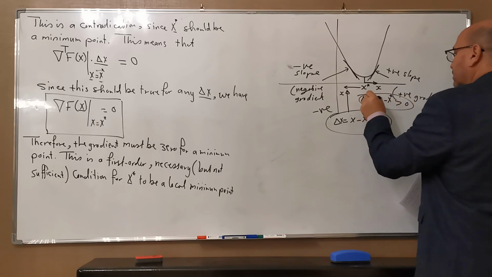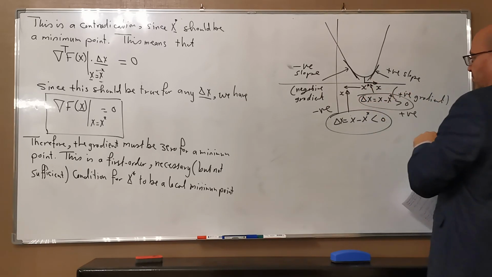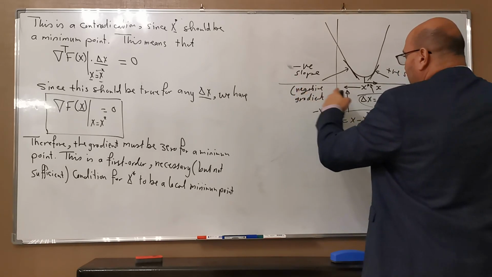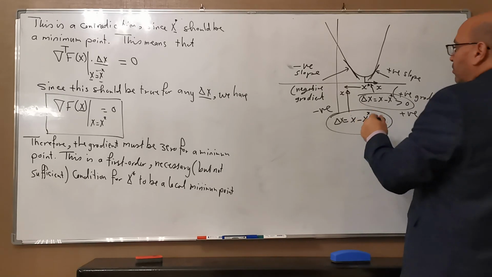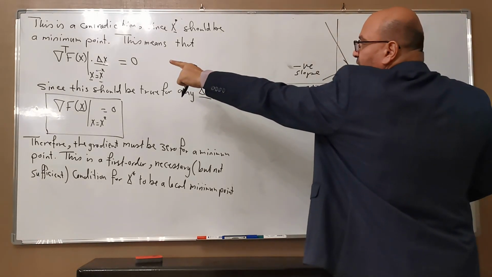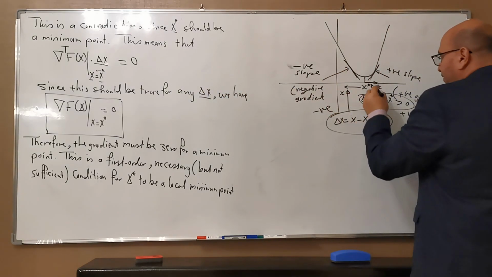Delta x here is positive. So positive times positive is positive. Negative times negative is positive. So in all directions, when you go up, the inner product between delta x and the slope is always a positive value.